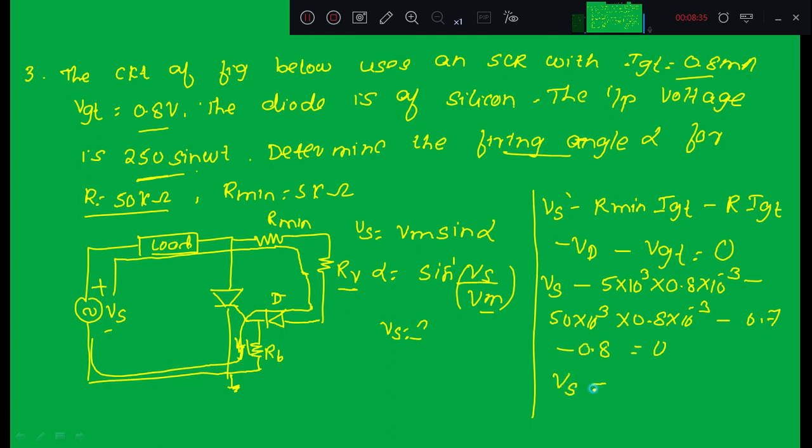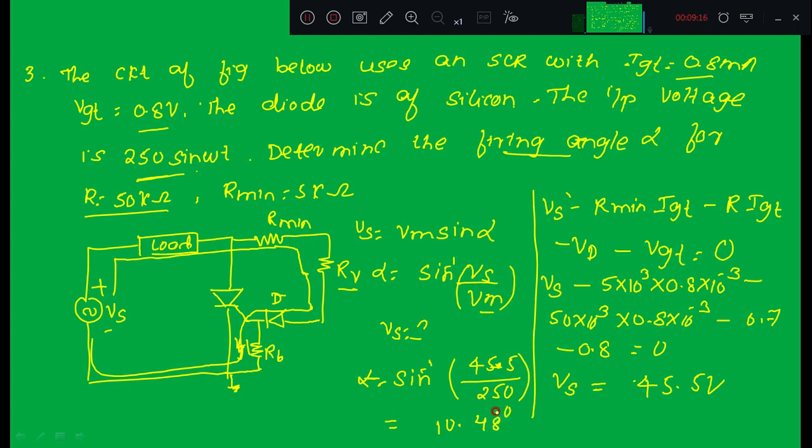From here if I simplify, I get Vs as, for this problem, which is 105 kilo ohm. I get Vs as 45.5 volts. Then alpha is sine inverse of Vs, 45.5, divided by Vm, 250. Then I get alpha as 10 degrees, 10.48 degrees.